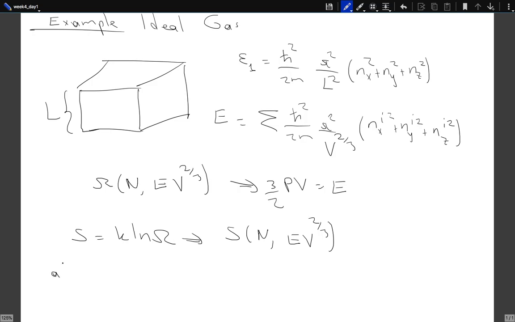So if we have an adiabatic process, S is constant, which basically tells us that E times V to the 2/3 should be constant in this process.